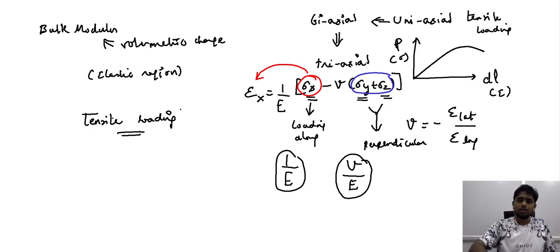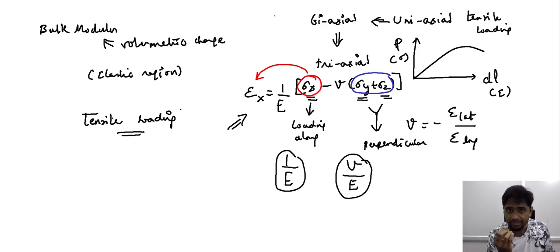Now, even though the expression such as this, which we arrived at for triaxial tensile loading, it will also be possible for us, based on this expression, to arrive at the corresponding response for compressive loading. So the only extension that we can make from whatever we have considered so far is an extension to compressive loading.